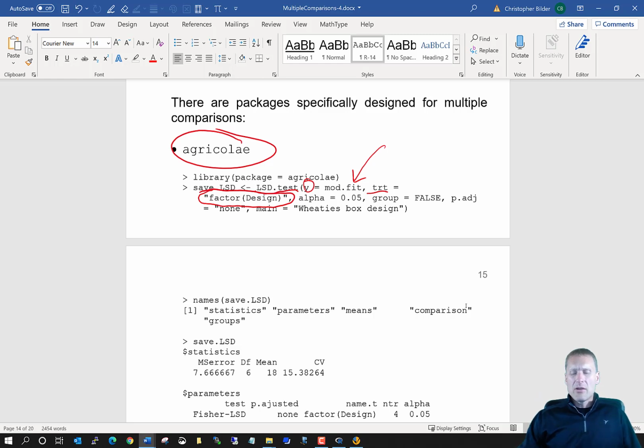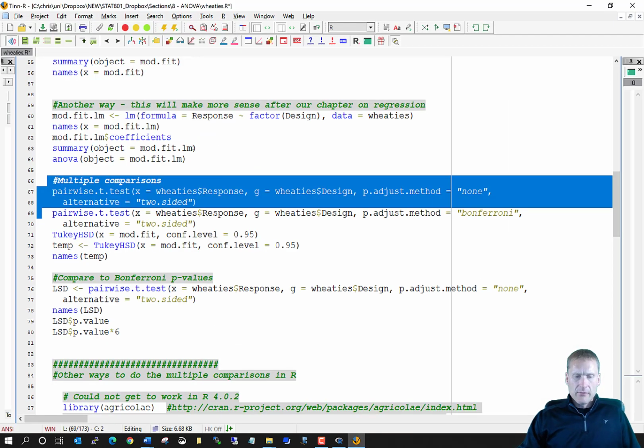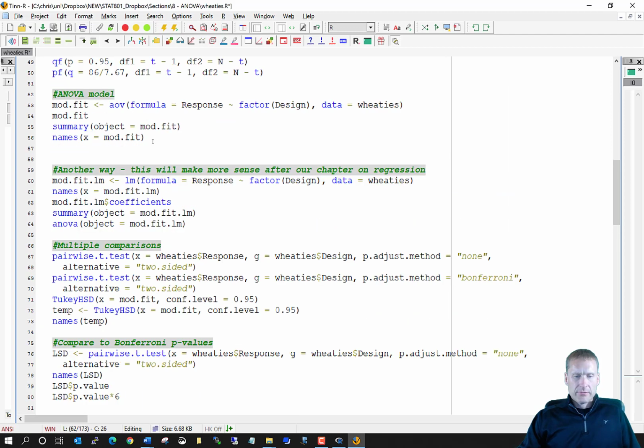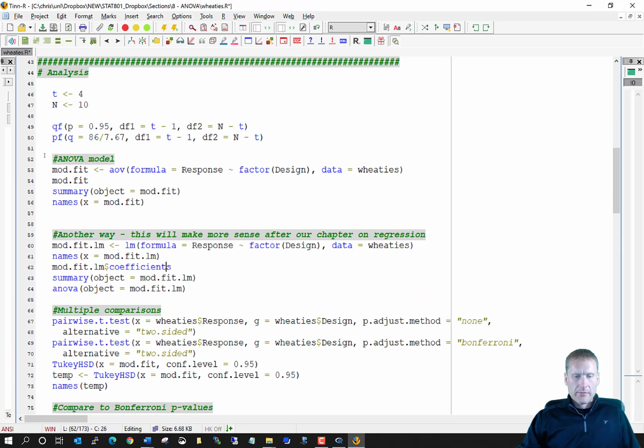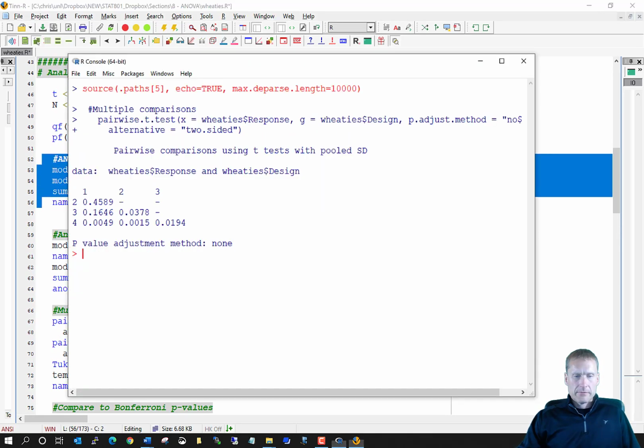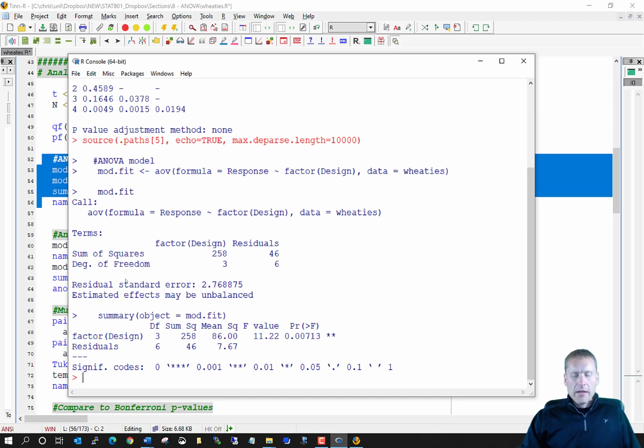Well, why am I using that? Okay, let's look at the output that we got previously. Here's my AOV function. Remember I had to use the factor function with design to get this all to work.